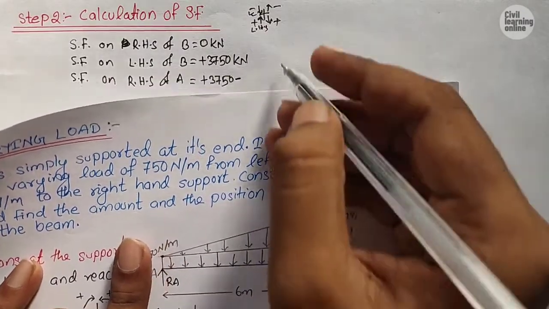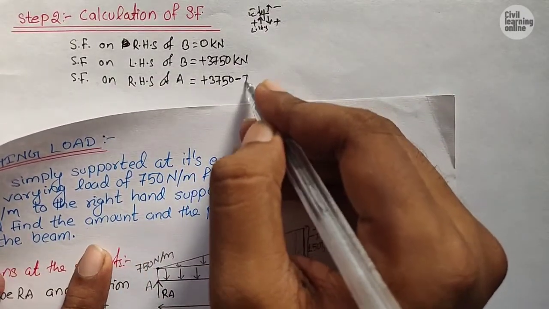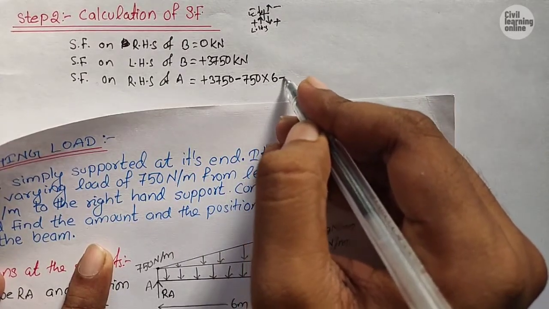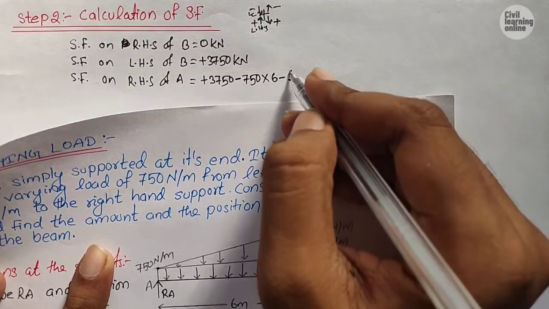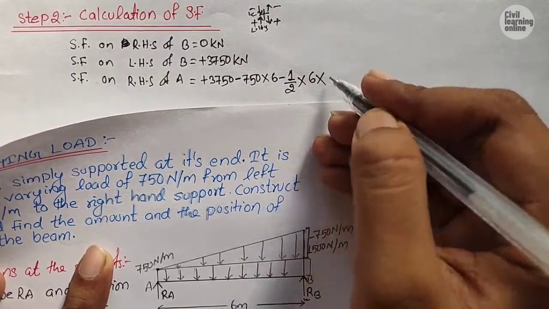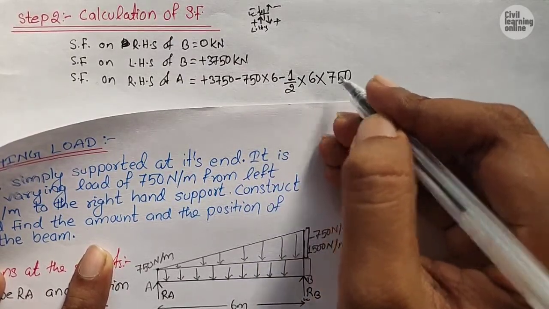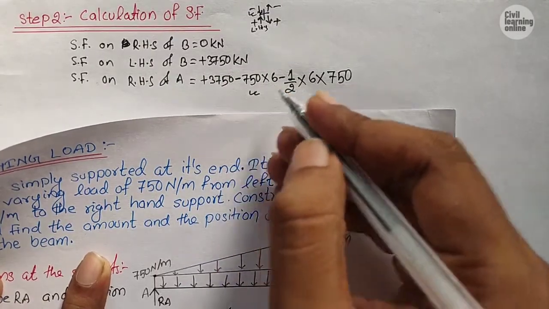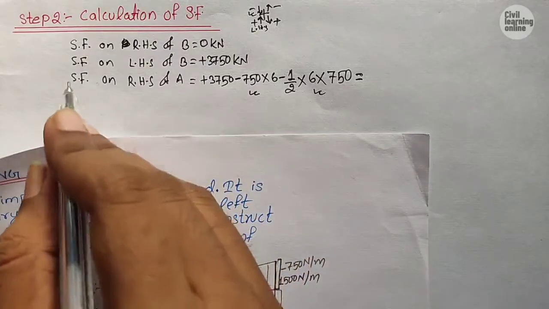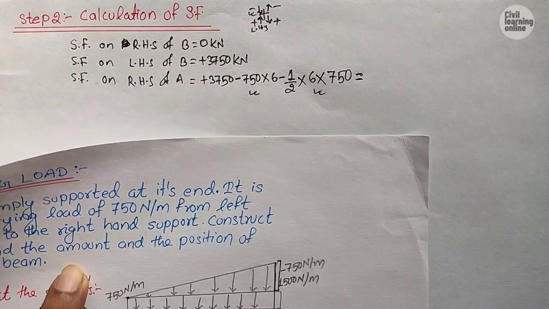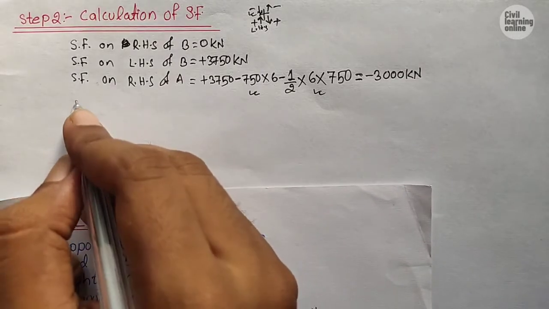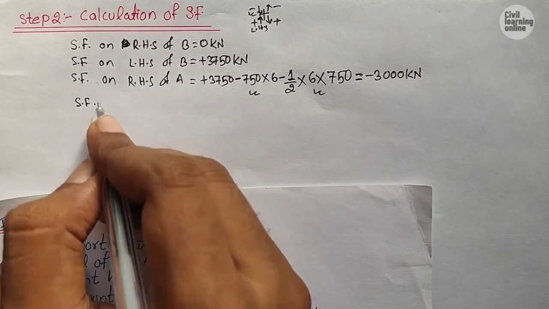The loading due to UDL will be minus 750 into 6, minus half into base 6 into height, means 750. This is the loading due to UDL and this is the loading due to bearing load, and on solving this we will get the value of the shear force on RHS of A, which is equal to minus 3000 kilonewton.